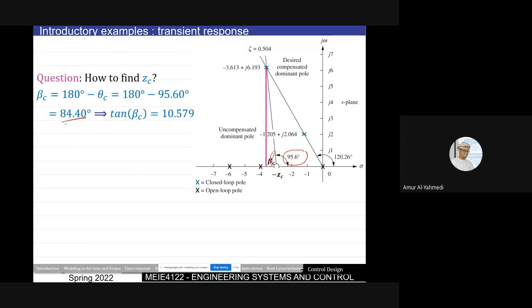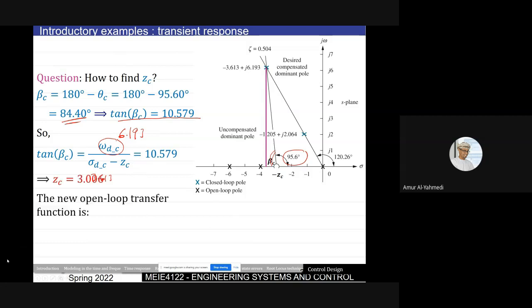It will be 84.4, this angle, beta C. And tan beta C is 10.579. So tan beta C will be equal to 6.193 divided by 3.613 minus Z, and we can calculate Z in that way. We got it as 3.